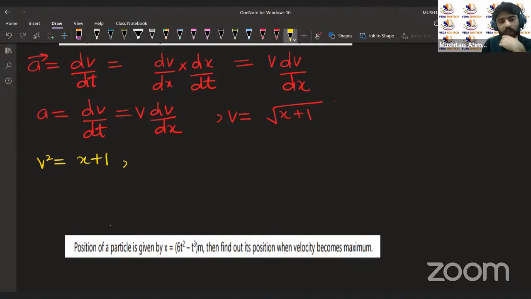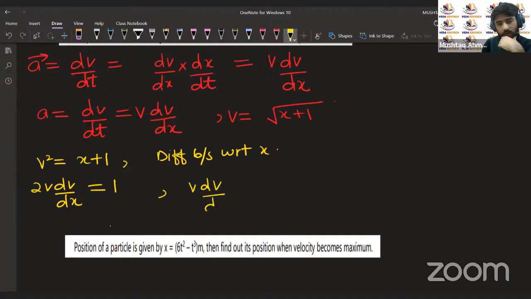So differentiating both sides with respect to x, it will be 2v dv over dx, correct? And the derivative of x is 1, and the differentiation of this 1 will be equal to 0. So from here, v dv over dx comes out to be equal to 1 over 2, right?